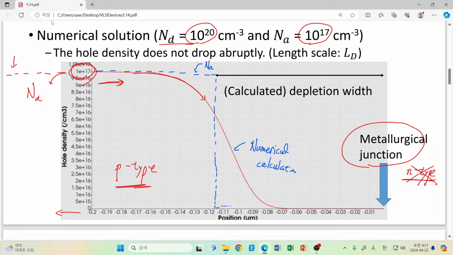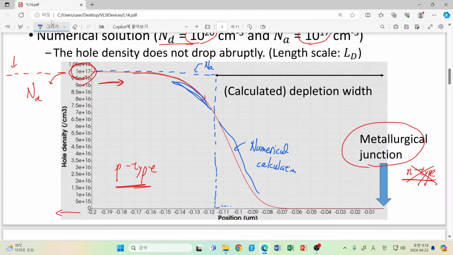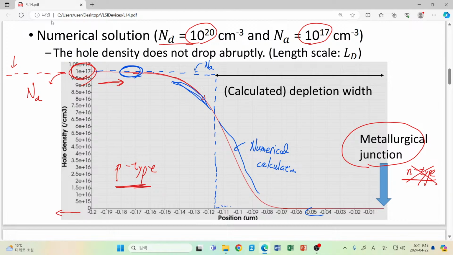Although we have assumed a perfect and abrupt change of hole density, the realistic solution shows a certain length margin to follow the assumed behavior. For example, Na in this quasi-neutral region and 0 in this depletion region. This length scale corresponds to the Debye length we considered in our previous lecture.